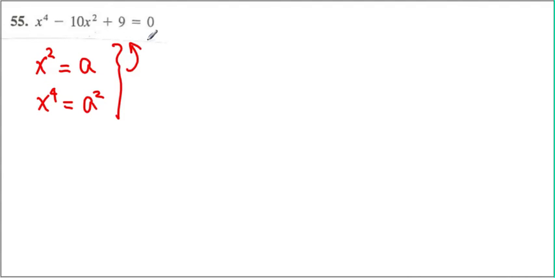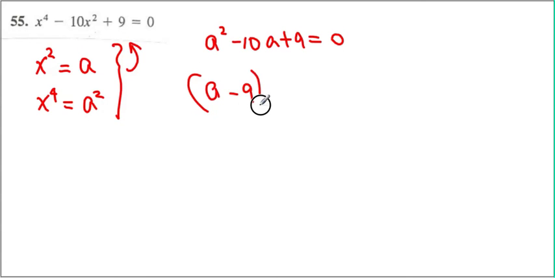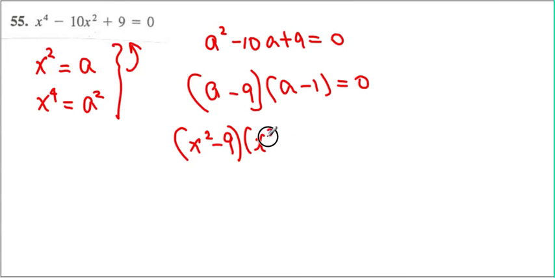Using this in the equation, we end up getting a squared minus 10a plus 9 equals 0. In other words, this is a minus 9 times a minus 1 equals 0. But a was equal to x squared. In other words, this becomes x squared minus 9 times x squared minus 1 equals 0.